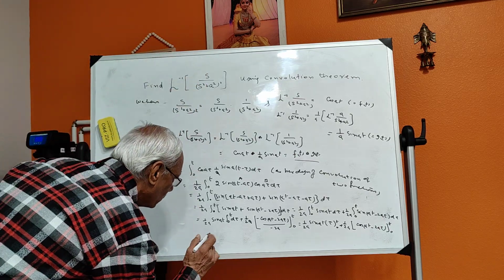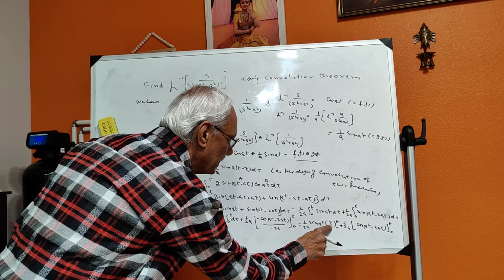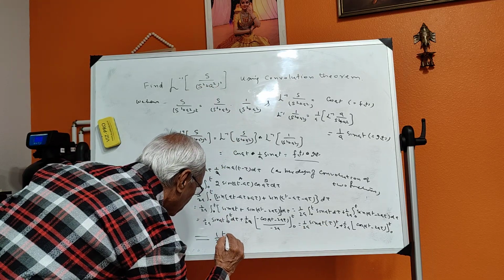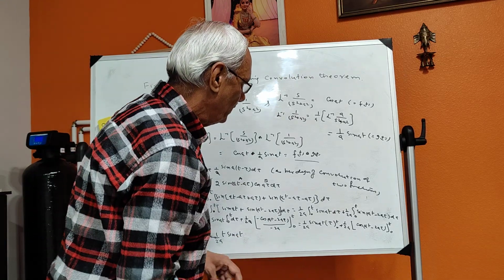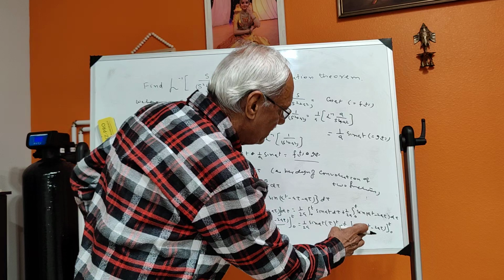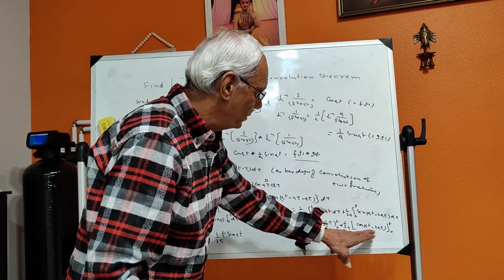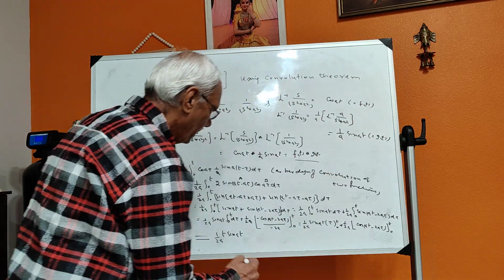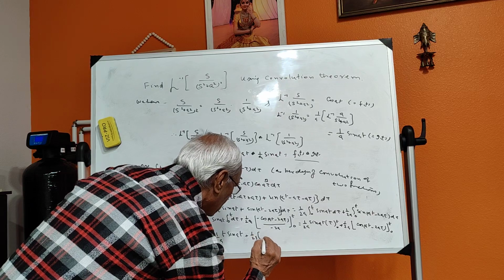So this will be equal to, if you apply the limit here, it is t, so it is nothing but 1 by 2a into t into sin at. Plus 1 by 2a.